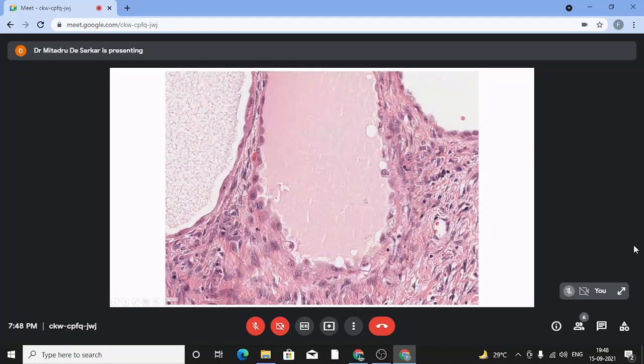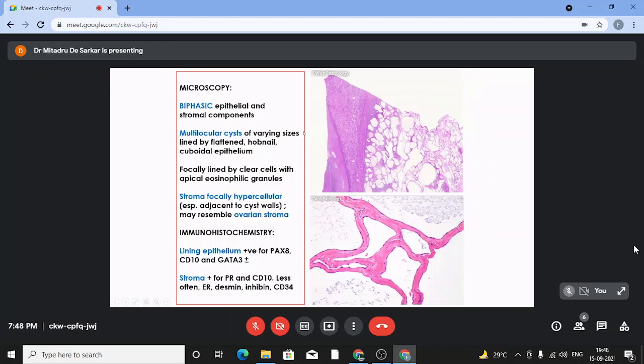We don't see much of a clear cell change over here, because had we seen significant amount of clear cell change, it would have actually gone towards the spectrum of the clear cell RCC, that is the multilocular cystic renal neoplasm of low malignant potential. So this is a biphasic tumor in which you will get multiple cysts of varying sizes separated by thin fibrocollagenous septae. And sometimes you might get the ovarian stroma.